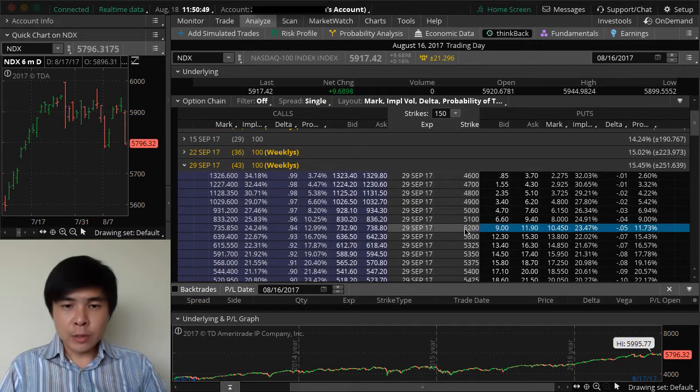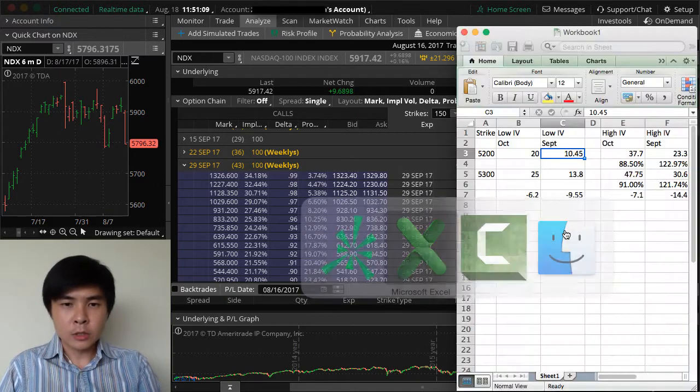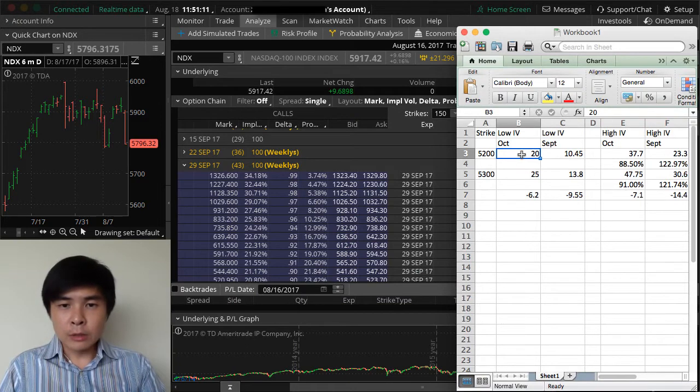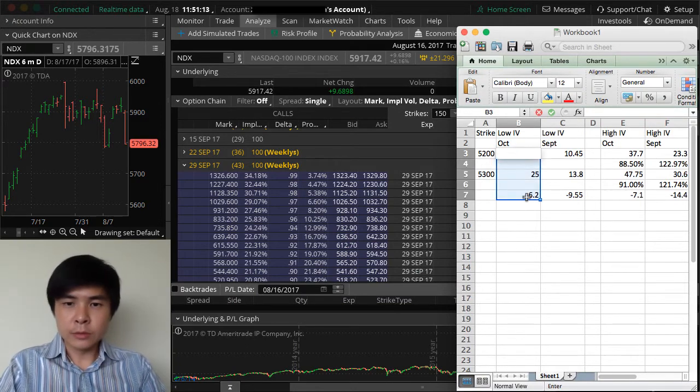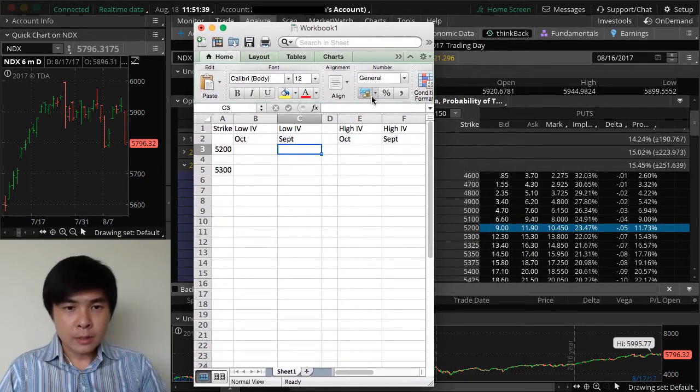For the strike price of 5,200, I'm going to compare mark price only because the bid-ask spread is a bit too far away to compare. So I'm going to check on the mark price, and it is buying and selling at around $10.45. So I'm going to erase all this so that you guys can follow me. I'm going to key in the price.